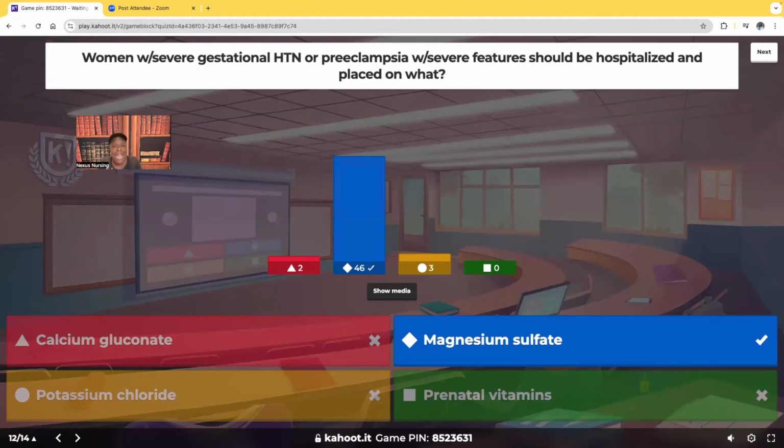Now, a side effect of magnesium sulfate is bringing down the blood pressure. That's wonderful because this patient with severe hypertension, the blood pressure is up. Or if they have preeclampsia with severe features, the blood pressure is up. So that's wonderful. Yes, we want to bring down the blood pressure, but that is not the indication for magnesium sulfate. Please listen to me.